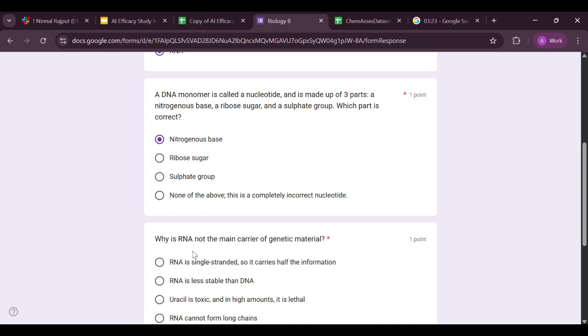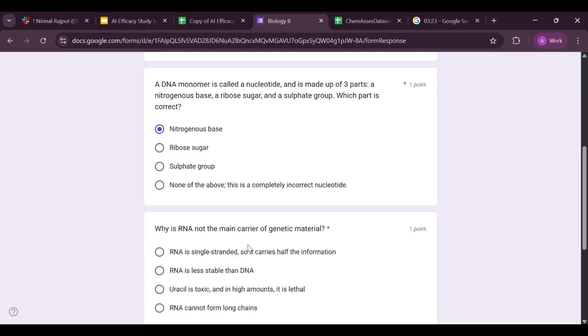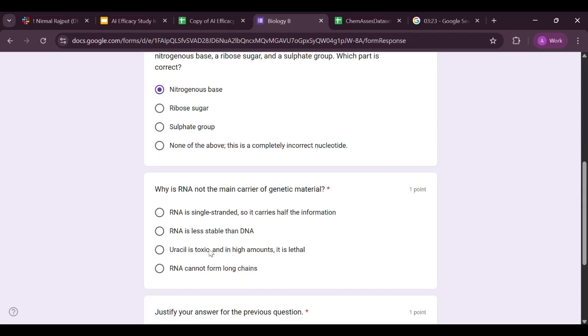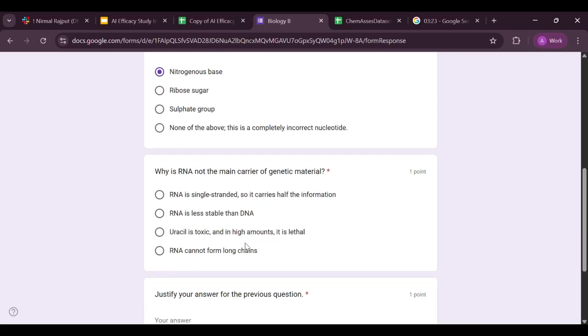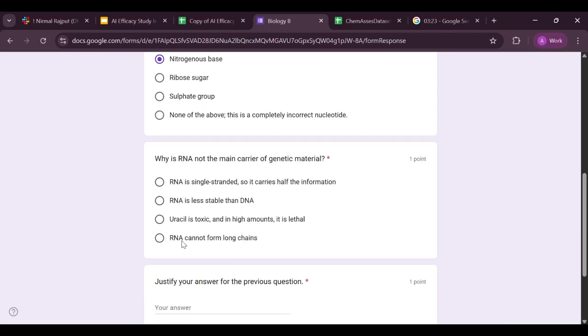Now coming forward, we can see: why is RNA not the main carrier of genetic material? It may be that RNA is single stranded, so it carries half the information. RNA is less stable than DNA. Is it toxic? No, it is not at all toxic.